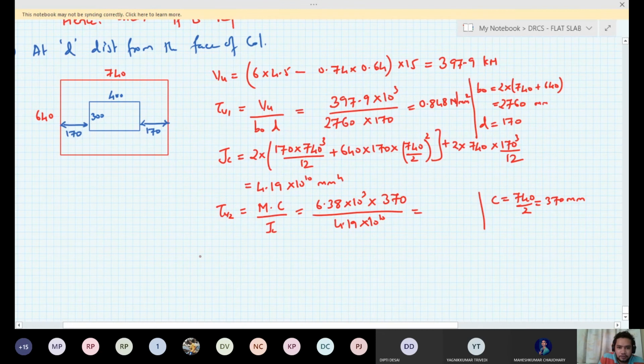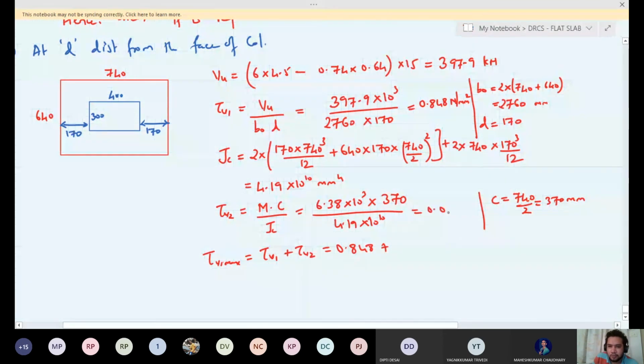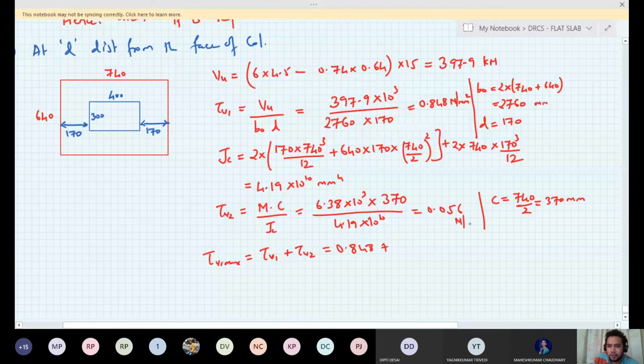so then next step is to find tau v max, maximum shear stress, which will be tau v1 plus tau v2. So it will be 0.848 plus this value. So how much is this value? It is 0.056 Newton per mm square.